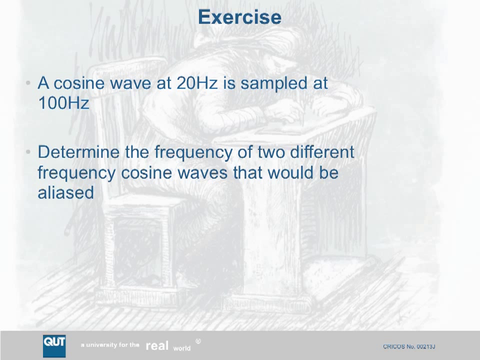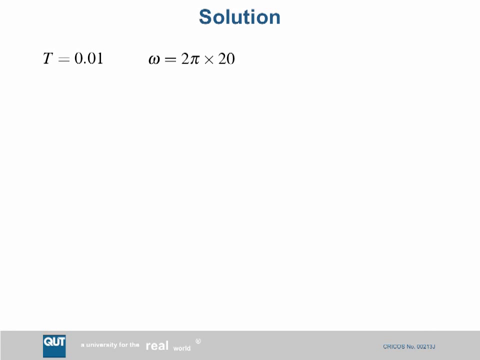So that was our sampling period, 100 hertz, 10 milliseconds. We know that omega is equal to 2 pi times 20. So I call it omega dash. That's an aliased version of our input signal. It's all a bit ugly with all the 2 pi's, and I'm going to flick it between radians per second and hertz, and I end up with this relationship here.